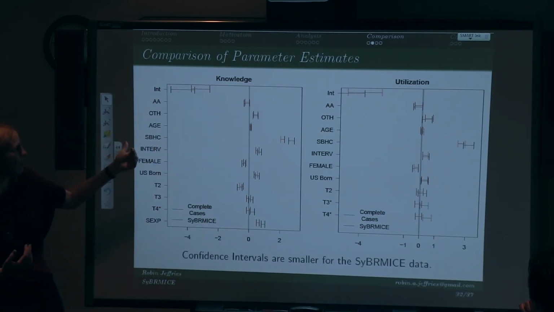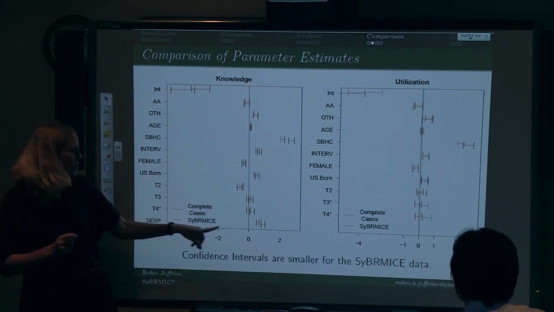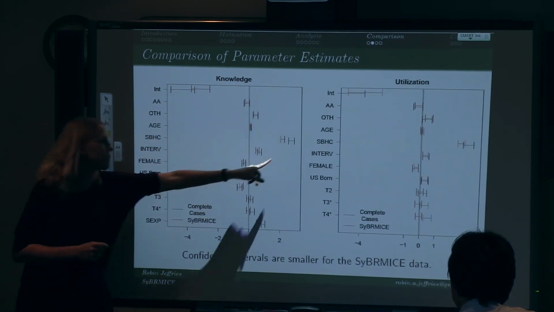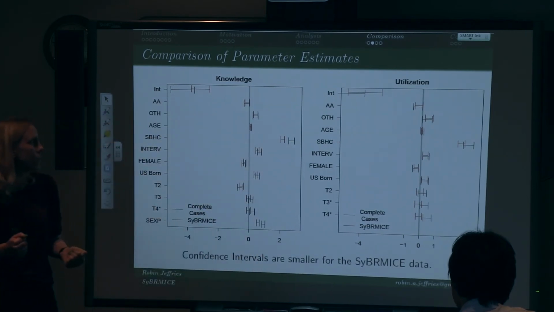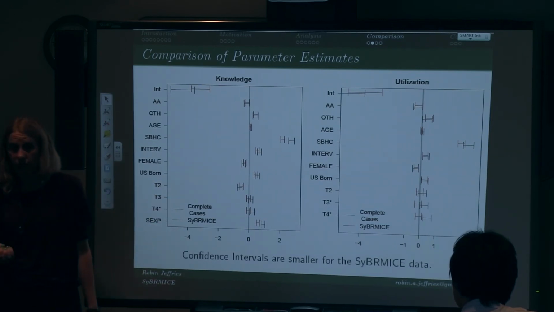The first thing that I noticed was that the Cybermice confidence intervals are smaller, and for the most part they're very similar to the confidence intervals you would have got using complete case analysis.